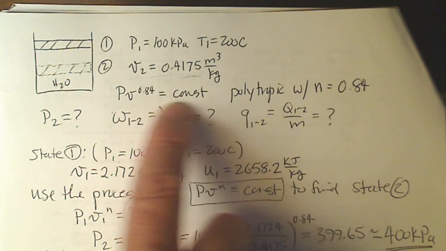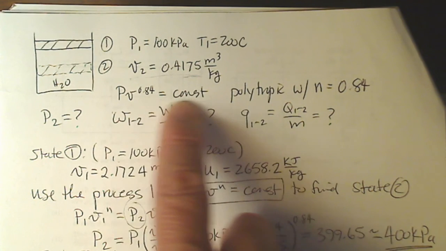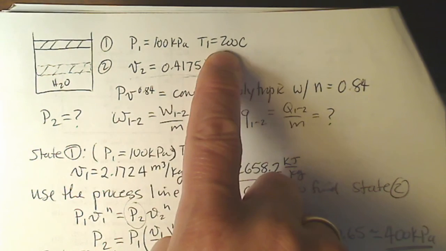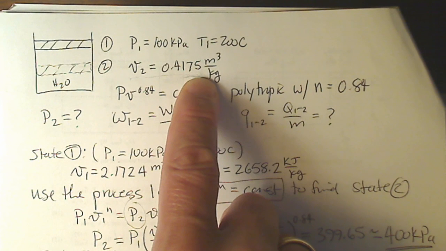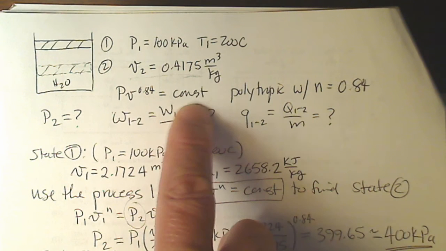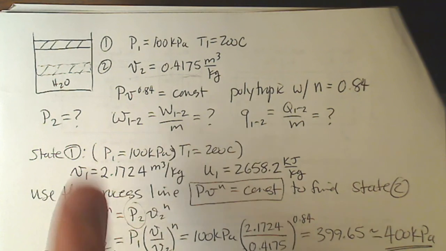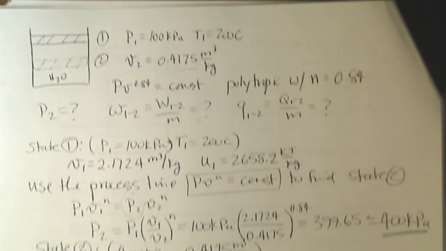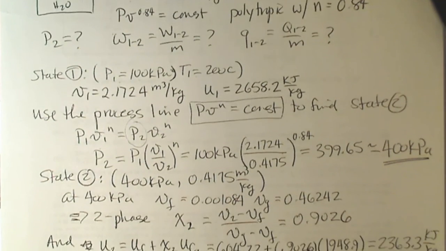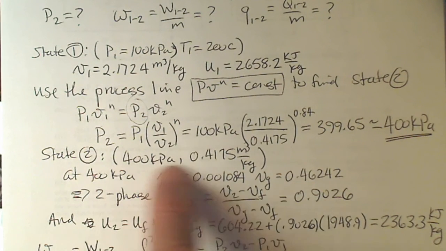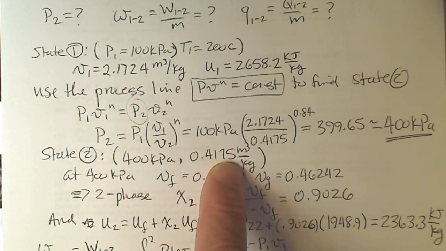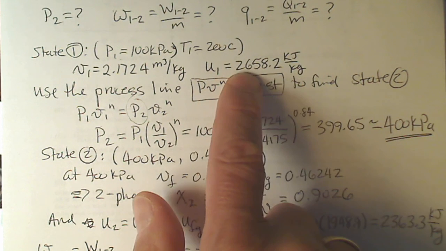So we used the path information, the direction in which to travel away from state 1, and the final information from state 2 tells us how far to go down that path to determine the second state, the coordinates we need for state 2. And once we had those coordinates for states 1 and 2, then we can find any properties that we want to know about those states. As an example, the internal energy for each state can be found.